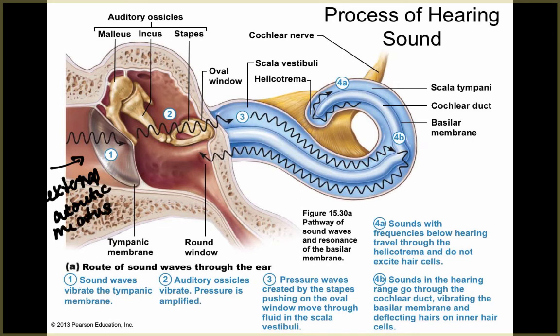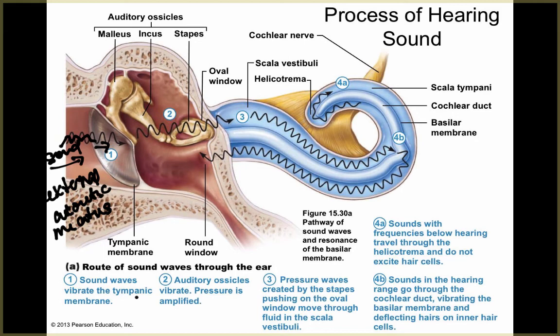Right? And so those waves are going to come in and they're going to hit here, which is known as the tympanic membrane, right? Let's keep that as number one. Once the sound enters here, it's going to hit the tympanic membrane.